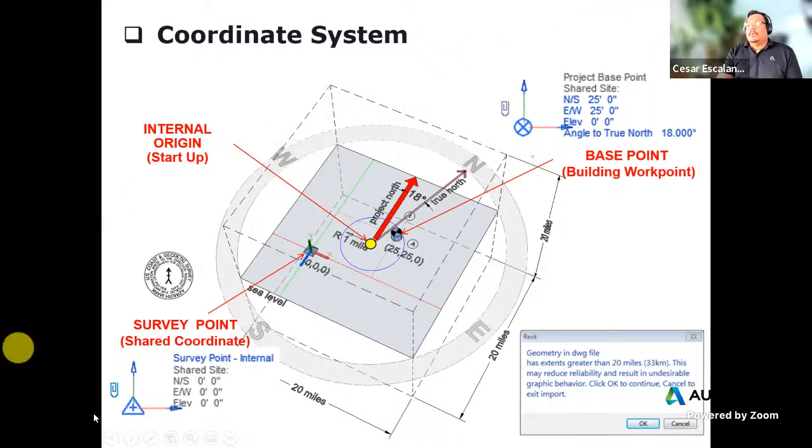These are project settings, and these three points are visible in the Site subcategory of the Visibility Graphics, so you can turn them on and off as needed. And to verify that a project is using the appropriate coordinate system, you can turn on the visibility of the links and of these points and see if they actually match.